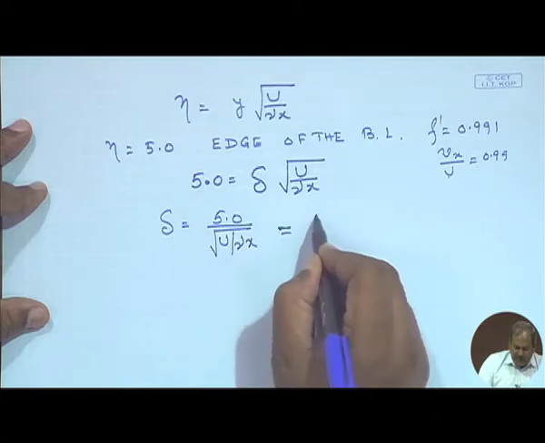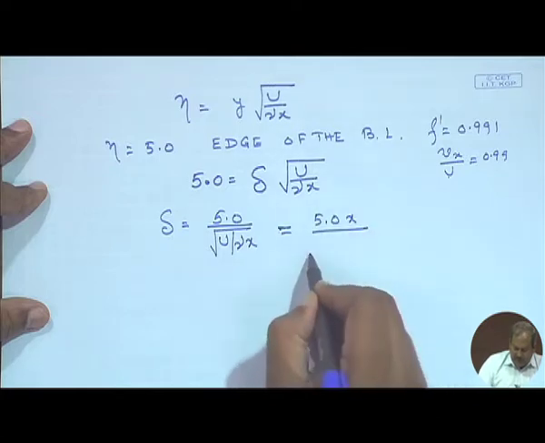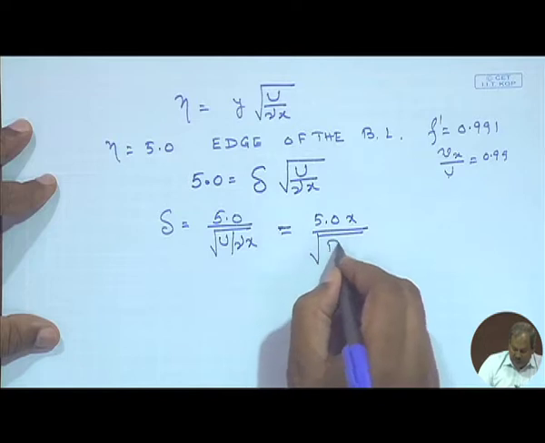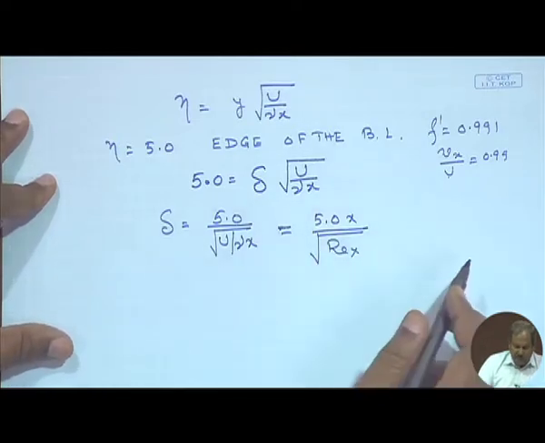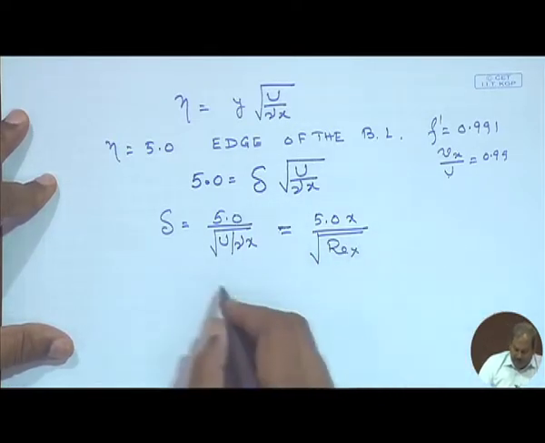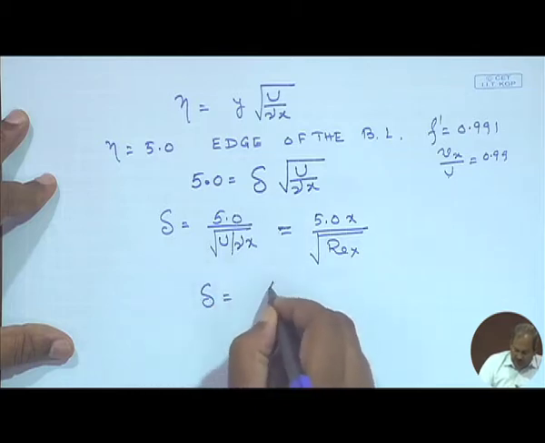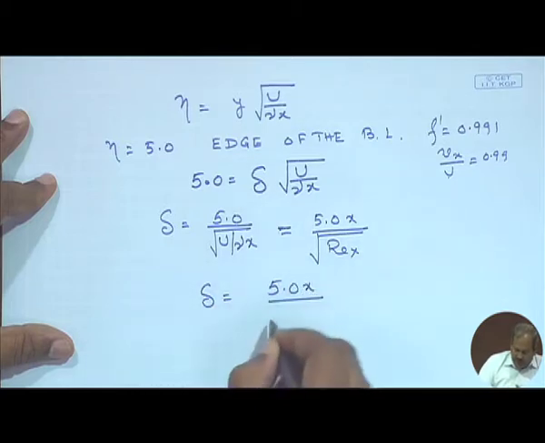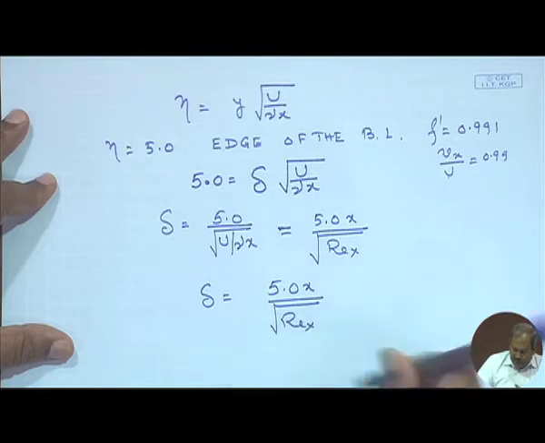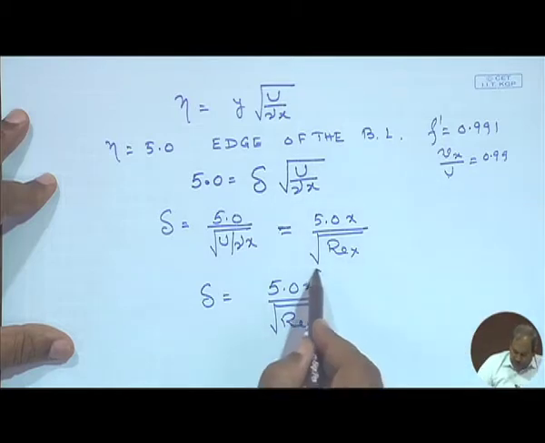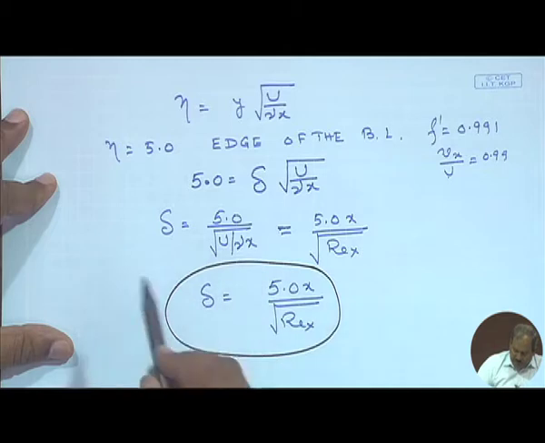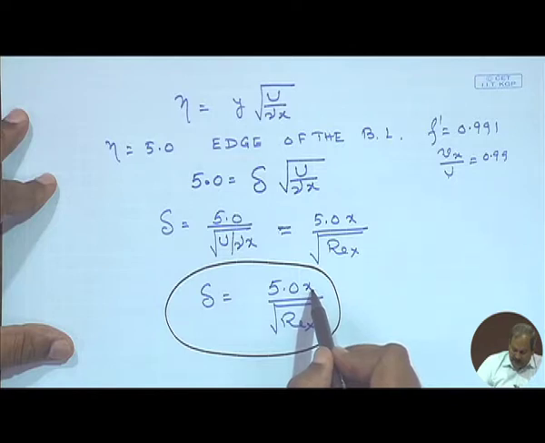which can be slightly modified, slightly changed. This is Rex, it is just a reorganization of the terms and nothing else. So, what you get is delta equal to 5 x by root over Rex. So, this expression tells you what is the thickness of the boundary layer at a given axial position.